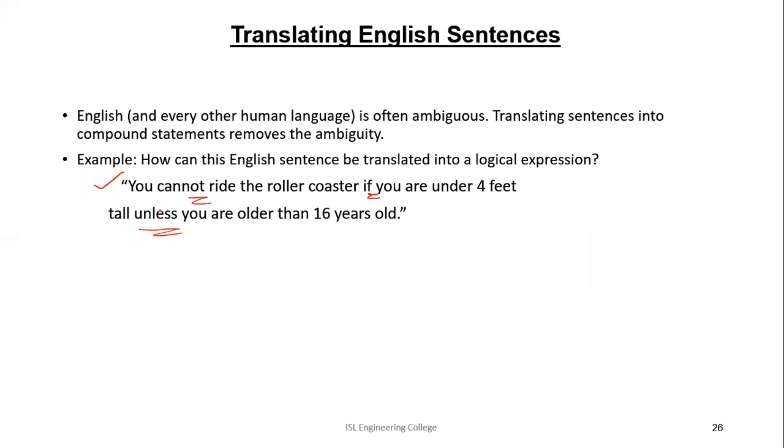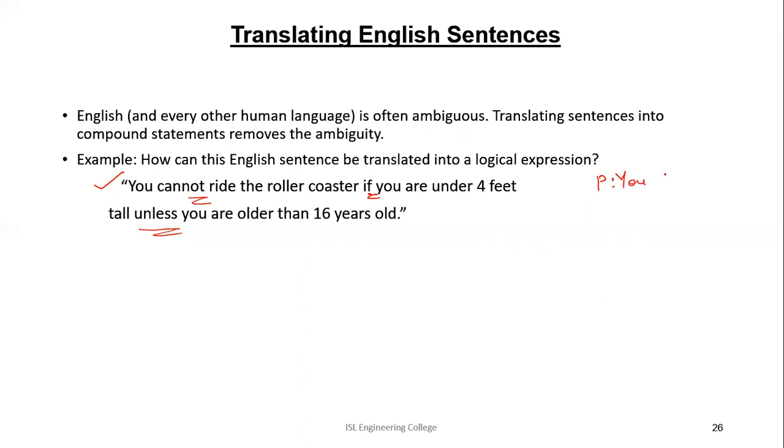Okay, now the next thing is we have to define propositions. The entire statement cannot be taken as one single proposition, so we have to try to divide the statement in such a way that each part of the statement is a fact which can either be true or false. So now over here you can say that P is you can ride the roller coaster.